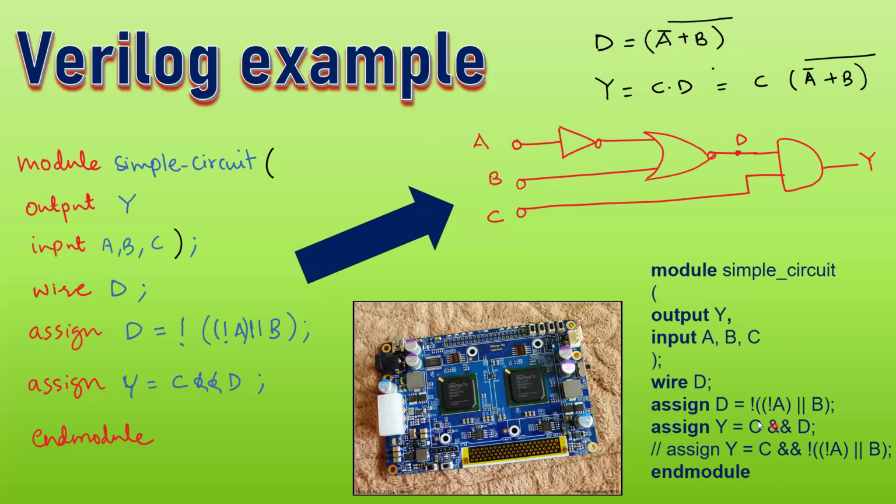After this, you want to write a test bench, because a test bench is another small code that provides to your main Verilog code, which is this one, the external stimulus, that is A, B, C, and accordingly it will show you the output Y with the corresponding output logic.